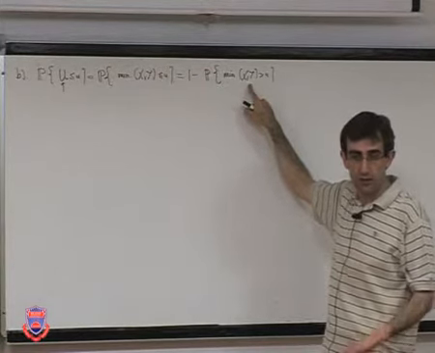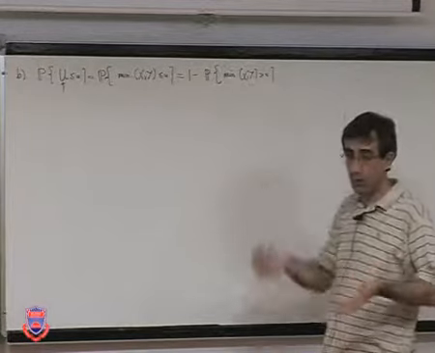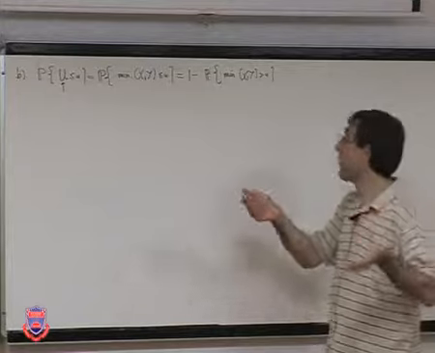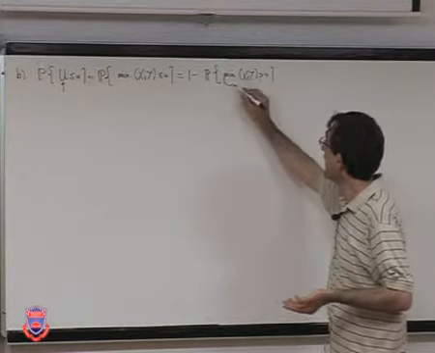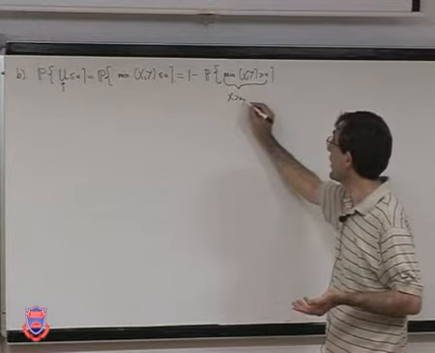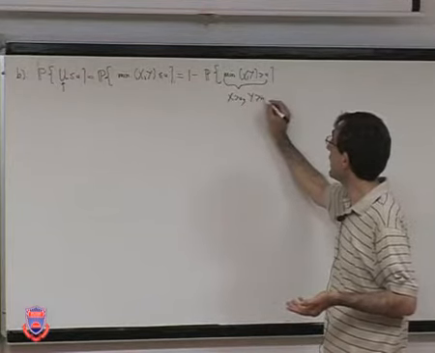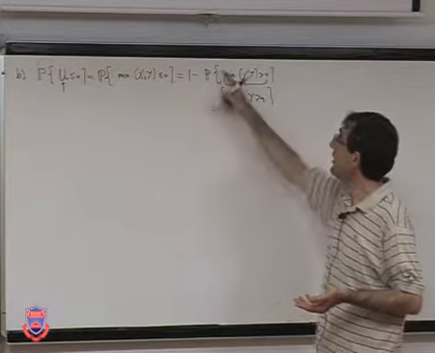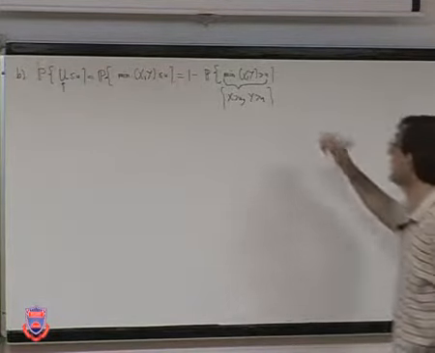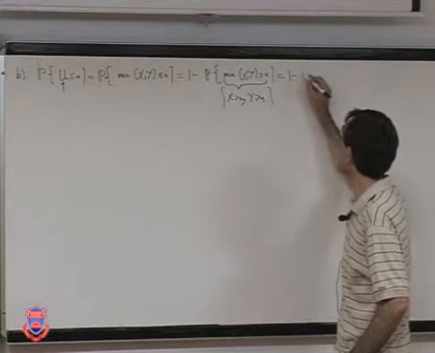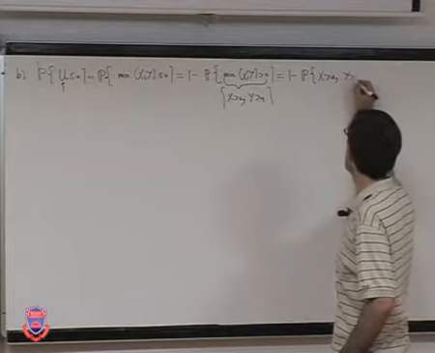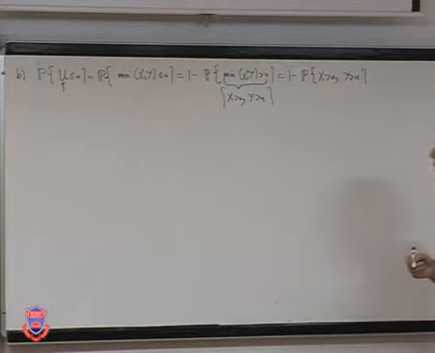The smaller of X and Y is bigger than u. So both of them are larger than u. This event is the same as saying that X is greater than u and Y is greater than u. Since the events are the same, the probabilities are going to be the same as well. So this is 1 minus the probability that X is greater than u and Y is greater than u.